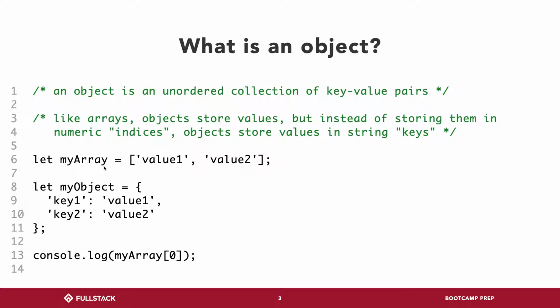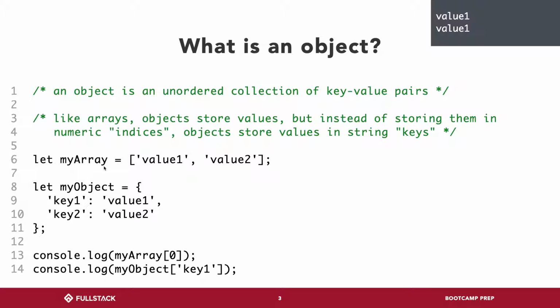My object is an object where we have a string key1 colon value1, string key2 colon value2. If you console log myArray at index 0, we have value1. If we have myObject at key1, we get value1. Okay? Key value pairs. You have the object and you have the key, so you can get the value using brackets, right? Bracket notation. Nothing new about bracket notation, right?